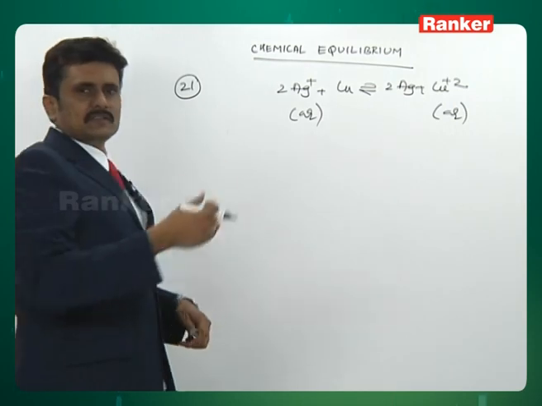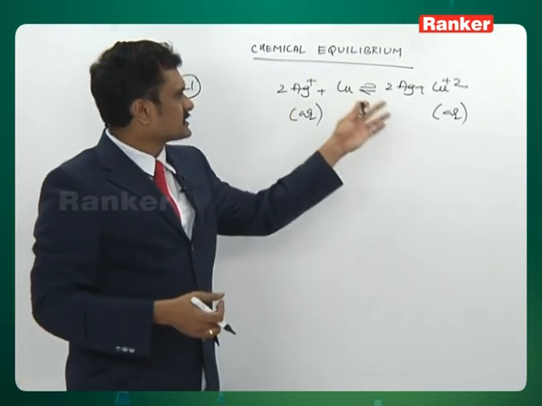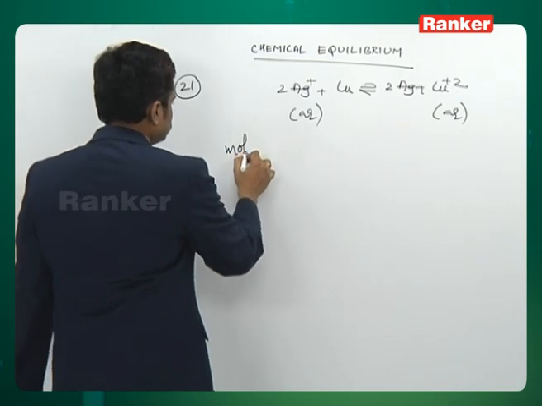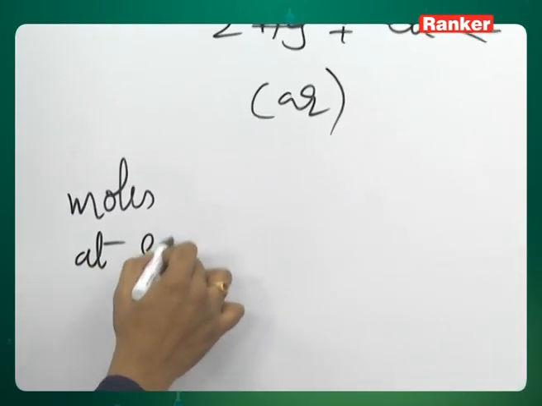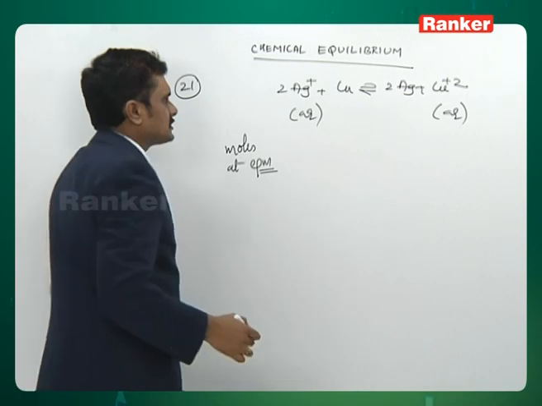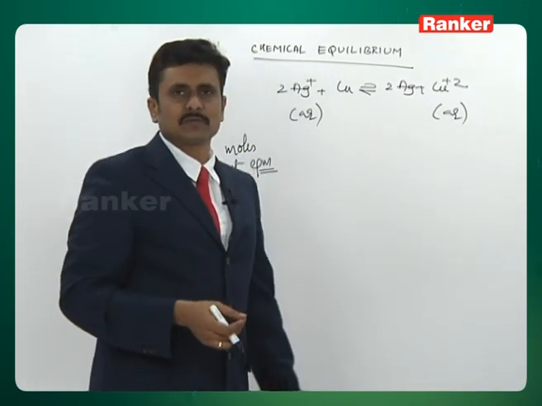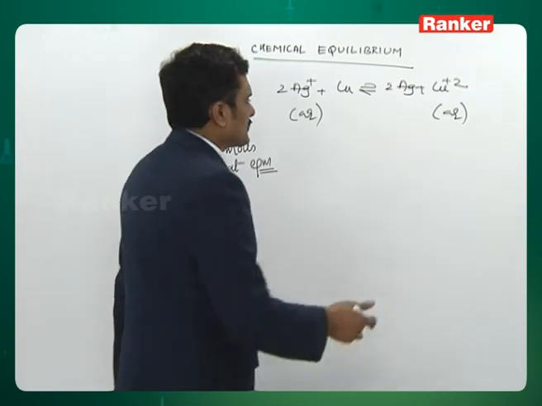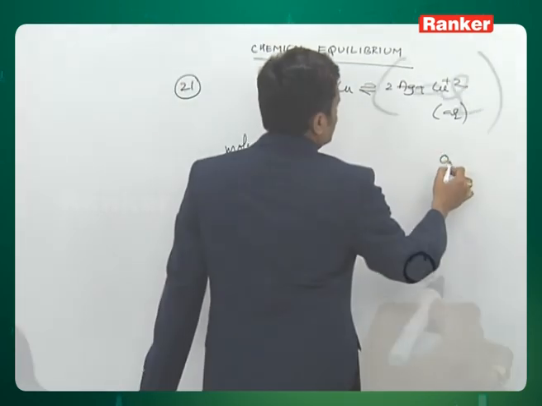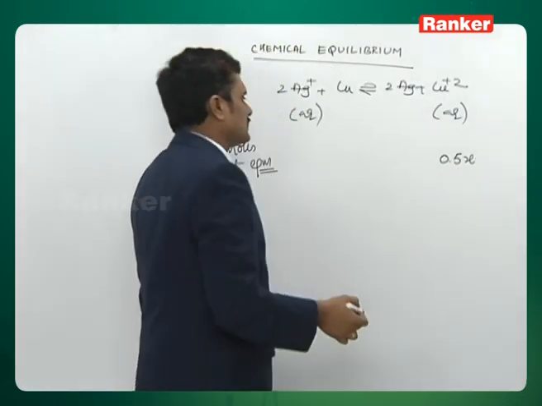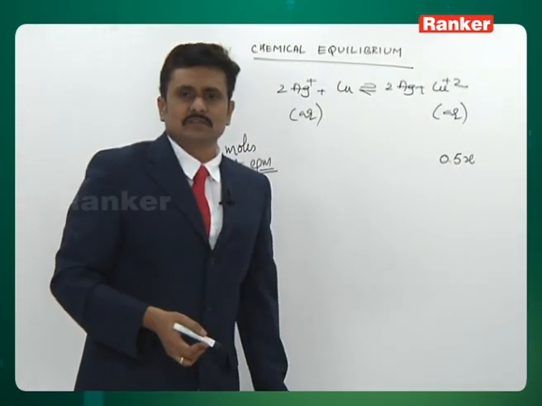Now this is a mixing case, so therefore we will be converting the concentration terms into number of moles. Now when the moles at equilibrium are obtained in terms of x, you can see the molarity of Cu2+ solution is x and volume is 500 ml. So when I multiply the molarity with volume in liters, 500 milliliter means 0.5, so 0.5x happens to be the number of moles of Cu2+.